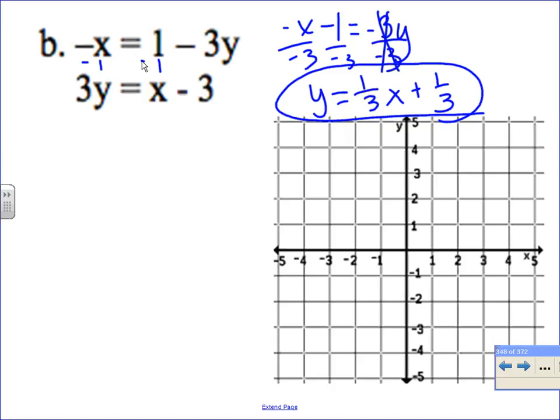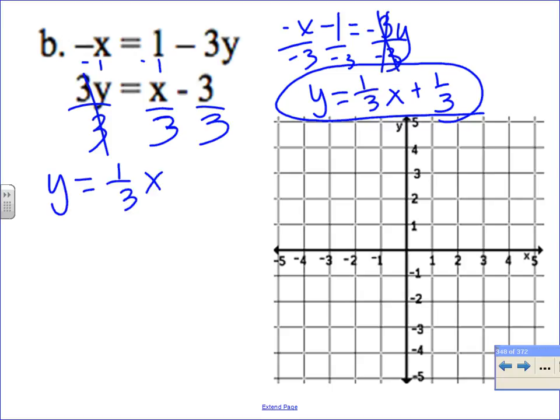You should divide by 3. Okay, divide every term by 3. Okay, so Sean, what is our slope-intercept form for the second equation? Okay, good. Minus 1.